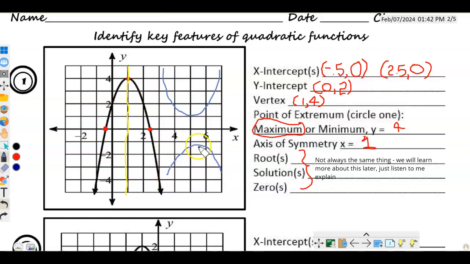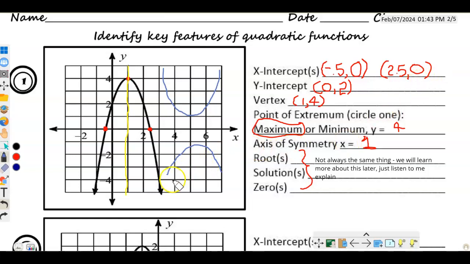Once again, it's got a maximum that is below the x-axis. Those are special parabolas. We do learn about them. But they don't have x-intercepts, so you could just say not applicable, NA, or don't have any, or something like that.